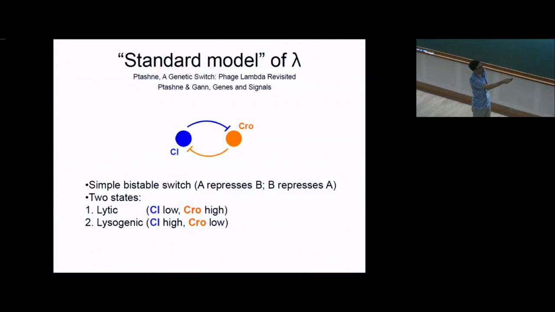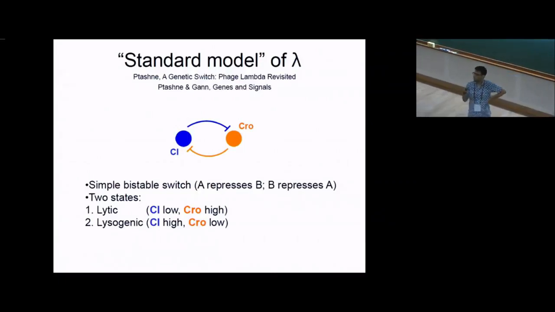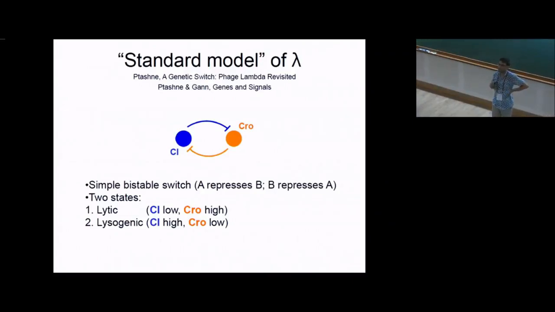There is a protein called C1 and a protein called CRO, and each inhibits the other's transcription. So this is a rather simple motif where you have two proteins, and each is inhibiting the other. And you can see, just as a hand-waving argument, that this could be in two stable states. You could have a state where there's lots of C1 and very little CRO. In that state, C1 being high would be inhibiting further production of CRO.